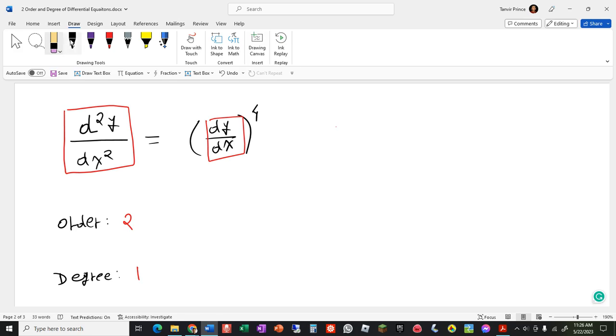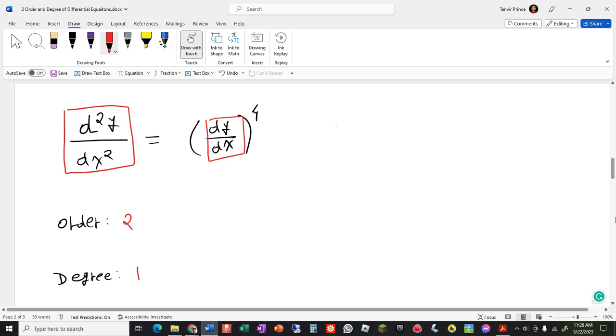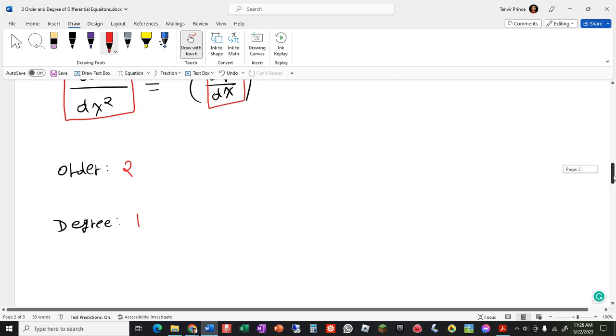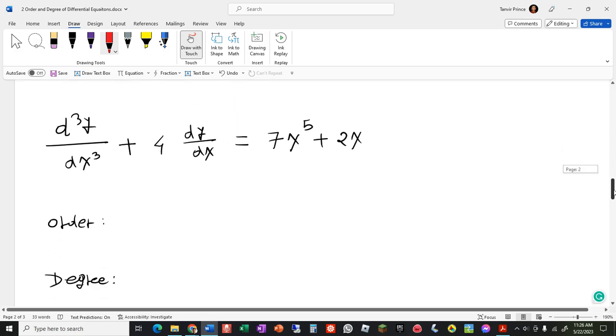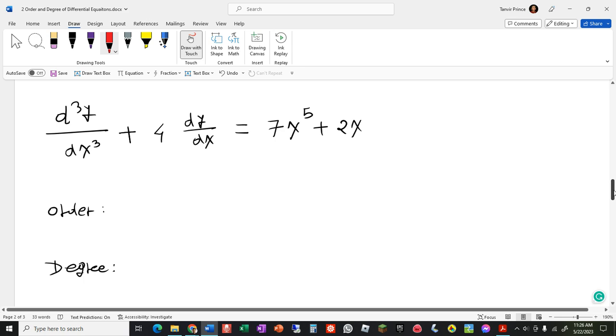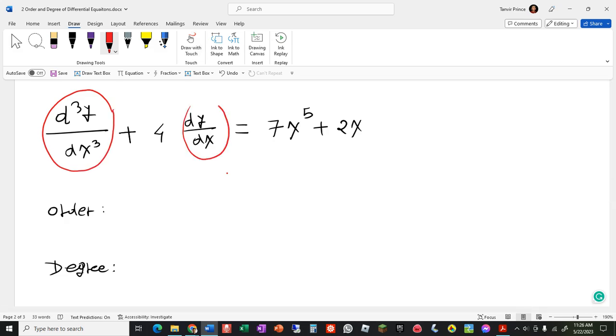Let's move on to the next one. Again, you should pause and try that. Look at the highest derivative. The highest derivative I see is the third derivative. I see the third derivative and the first derivative. So the order is 3 because that's the highest one.